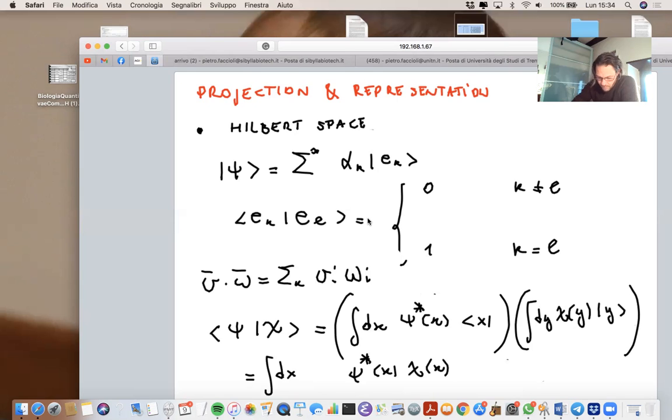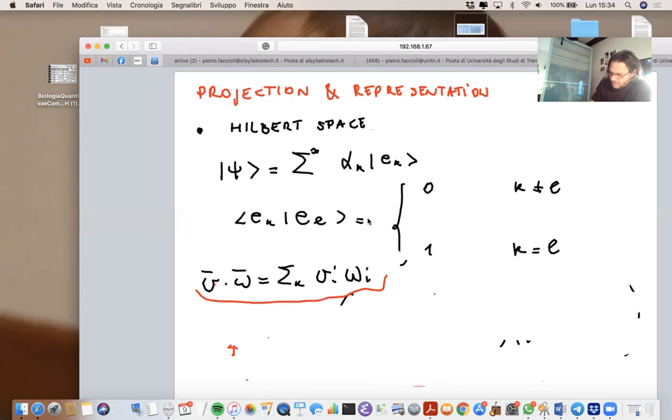And this plays the role of this relationship here. It's the integral of the terms on the left, the complex conjugate wave function, and the terms on the right, function.